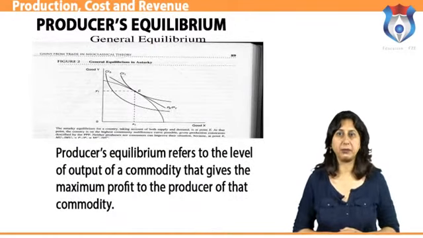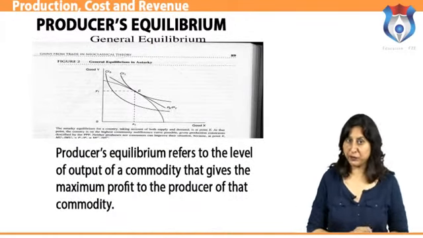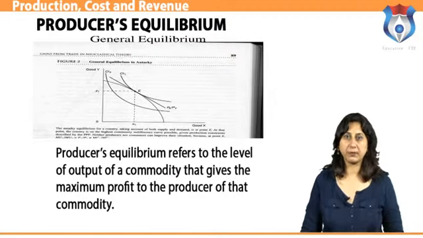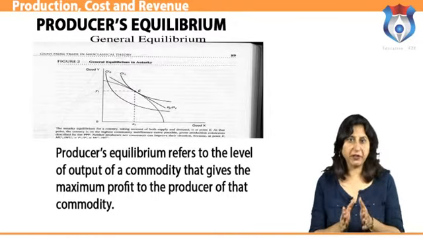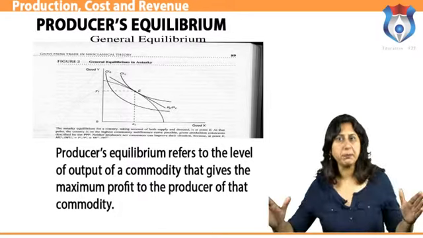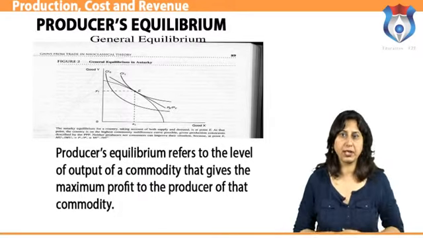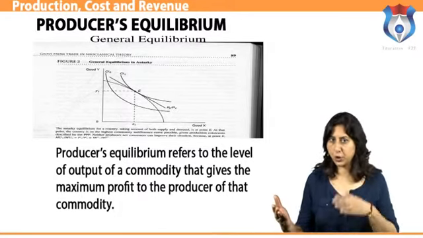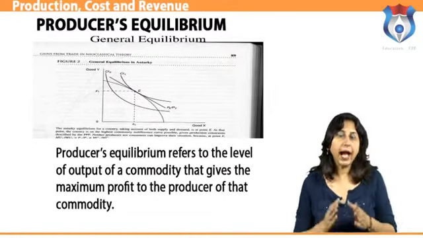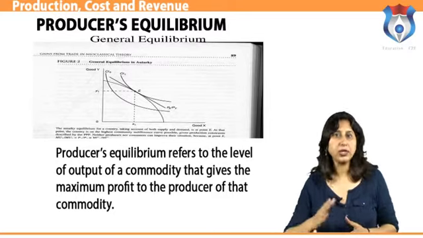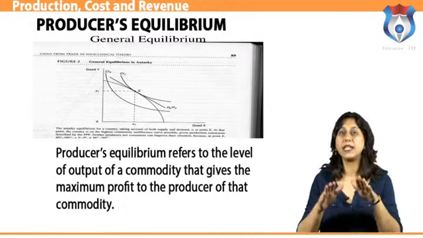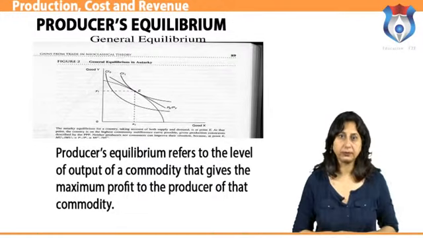Producer's equilibrium. We studied the concepts of costs and revenue to understand the concept of producer equilibrium. Producer's equilibrium refers to the level of output of a commodity that gives the maximum profit to the producer of that commodity. Profit equals total revenue less total cost. Therefore, the output level at which total revenue less total cost is maximum is called the equilibrium output level.